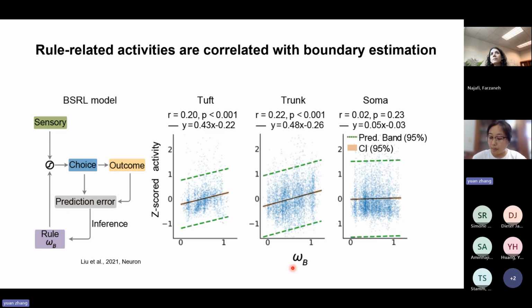Each trial changes the boundary estimation and changes the calcium activity. So here at least we can say the calcium activity and the boundary estimation are trial by trial correlated. Okay, so your higher boundary estimation values would be towards the end of a block when the animal is more confident. Maybe. Okay. So the activity goes up.